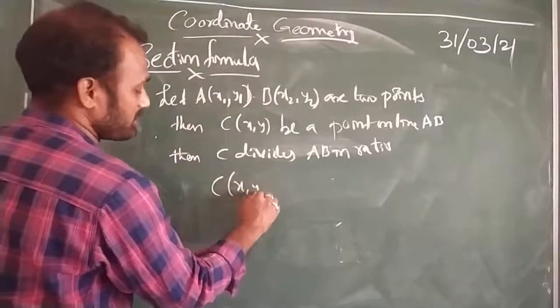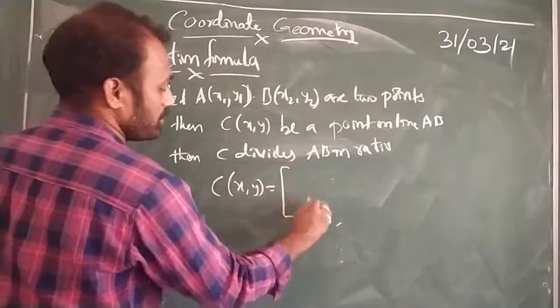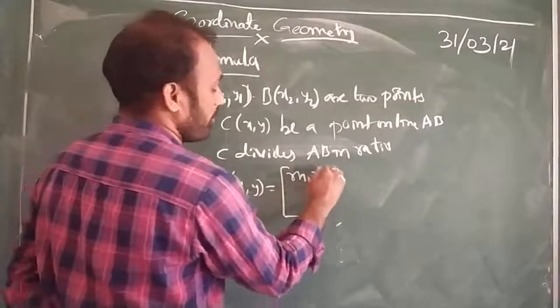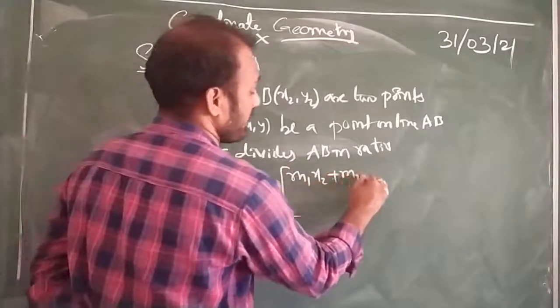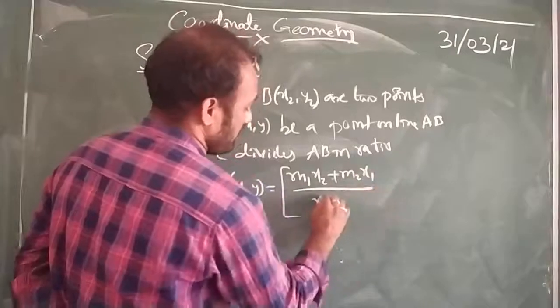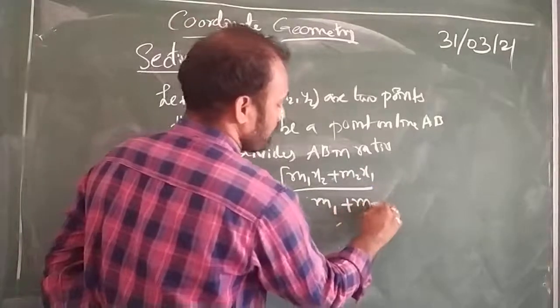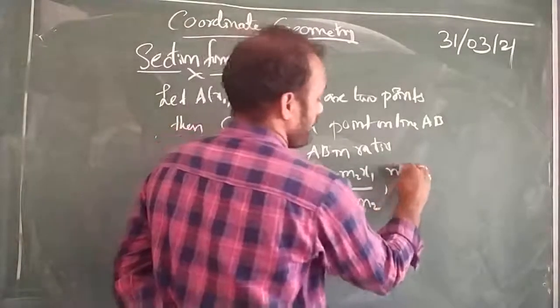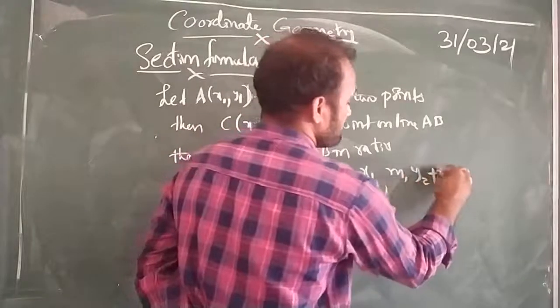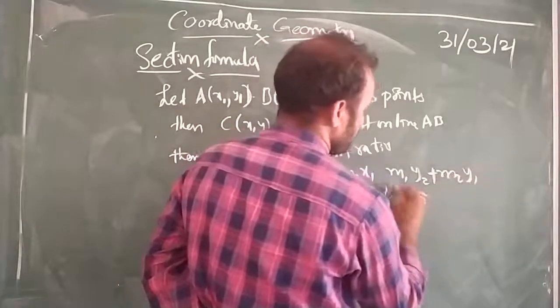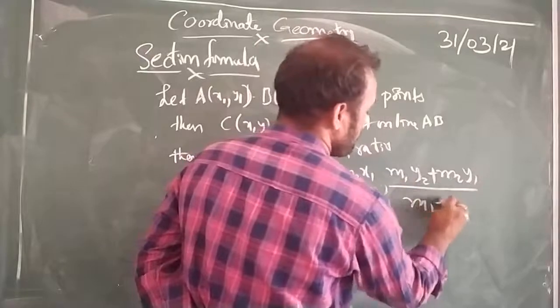So C (x, y) is equal to (m1 x2 plus m2 x1) by (m1 plus m2), (m1 y2 plus m2 y1) by (m1 plus m2).